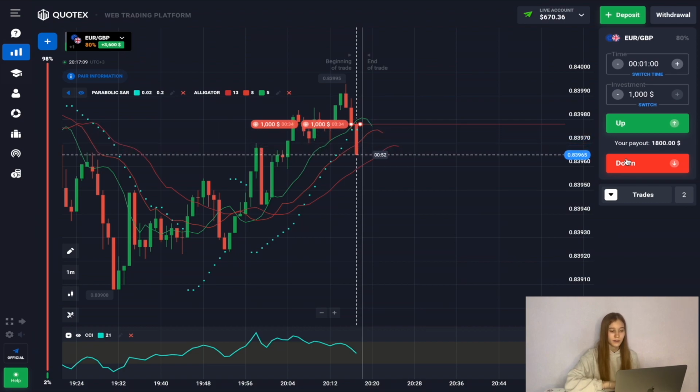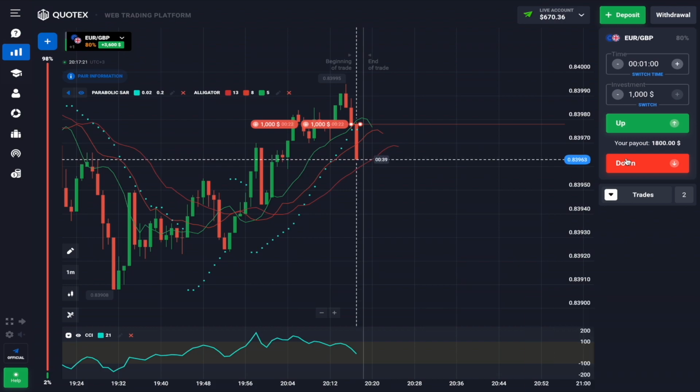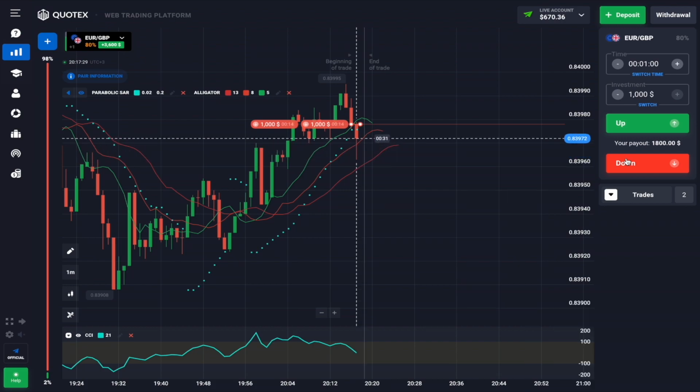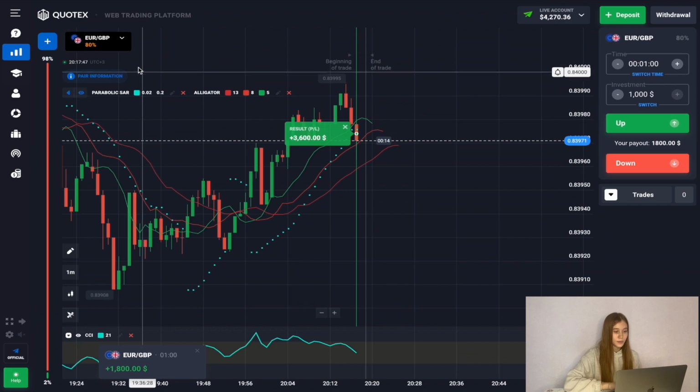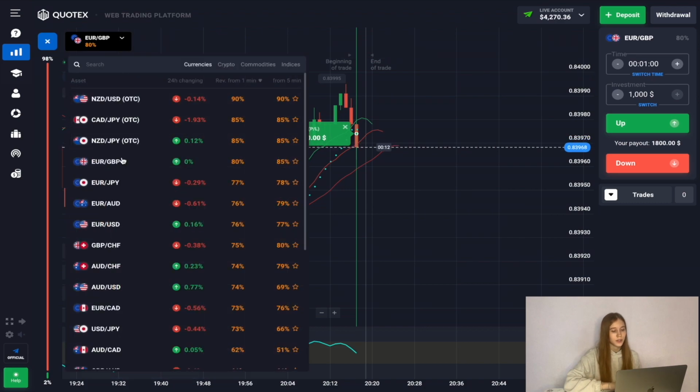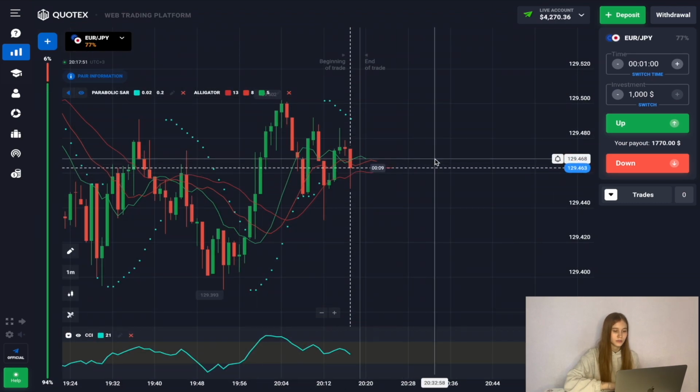As we see, the moving average is also reversed, and we will successfully close our trade with the trend with the reversal. So let's wait for our double trade to close. Great, we successfully close our double trade and continue trading.